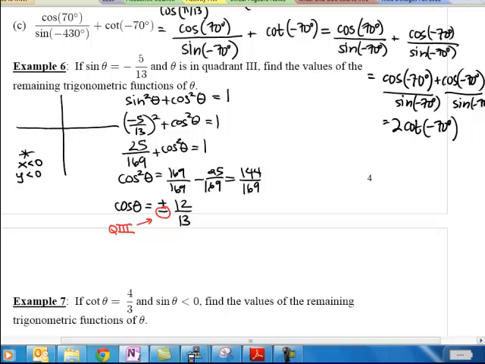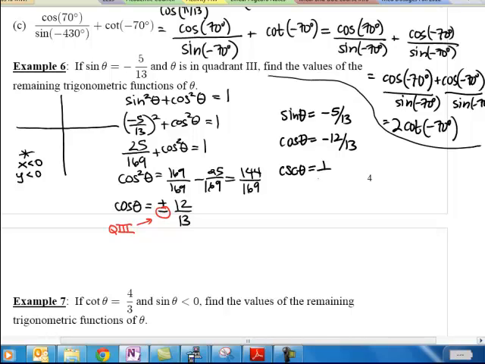Right. So now we know sine theta and cosine theta. That should be enough to get us all of the others, right? So sine theta given was negative 5/13. Cosine theta that we figured out using a Pythagorean identity is negative 12/13. And cosecant is the reciprocal of sine, so negative 13 over 5. Secant is the reciprocal of cosine, negative 13 over 12.